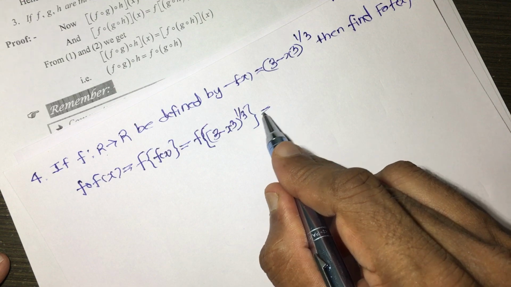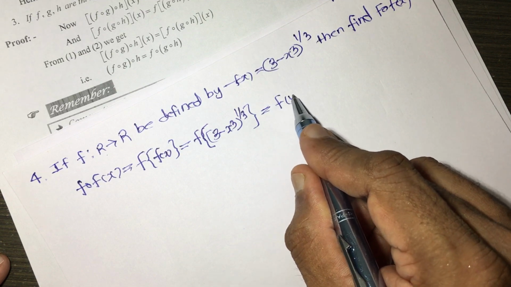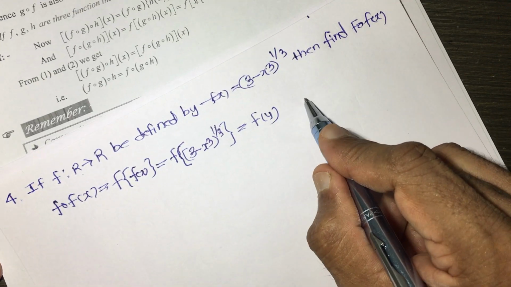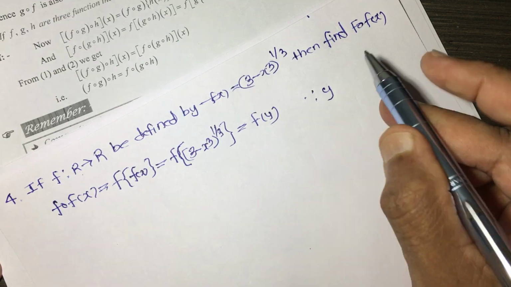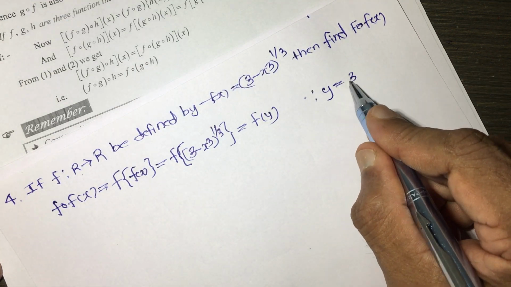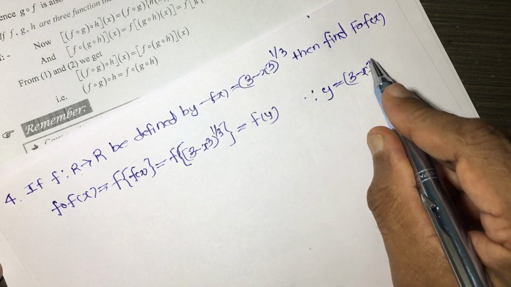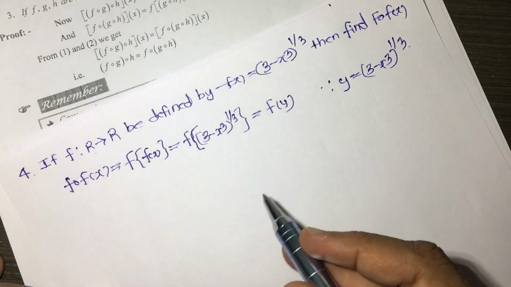For the sake of convenience you can take this as f of y, where y is (3 minus x cube) raised to 1 by 3.